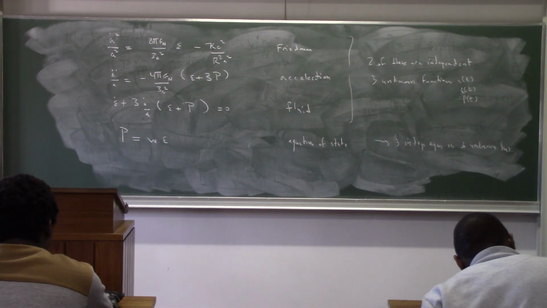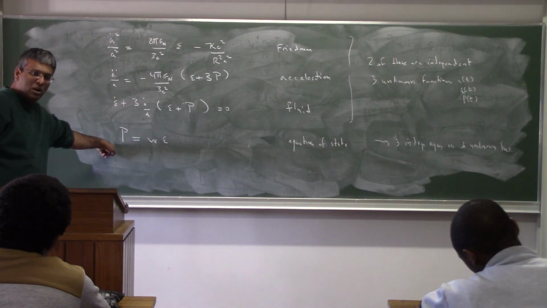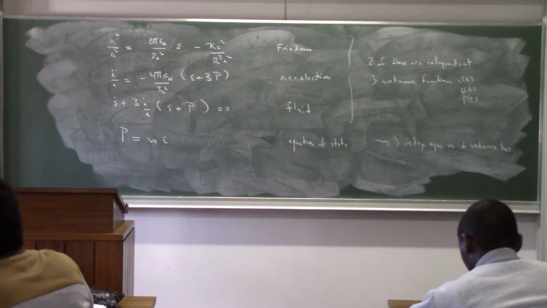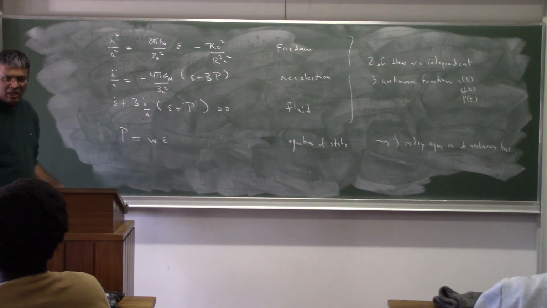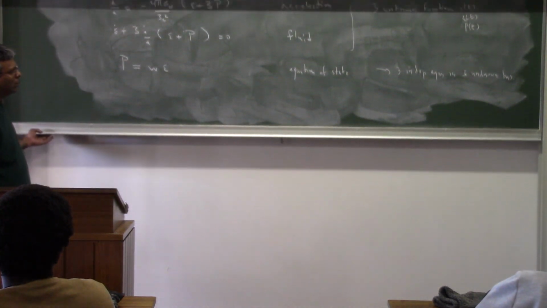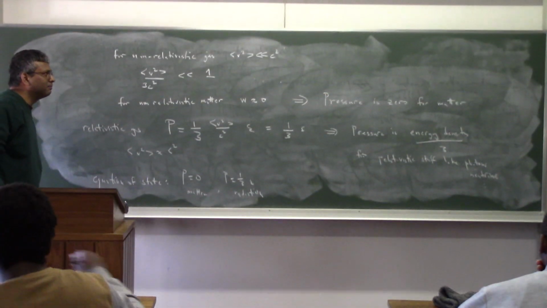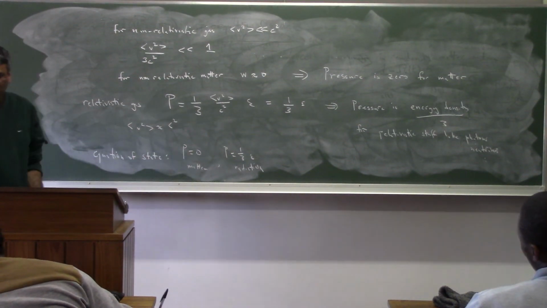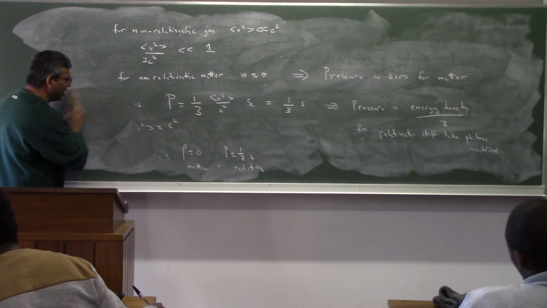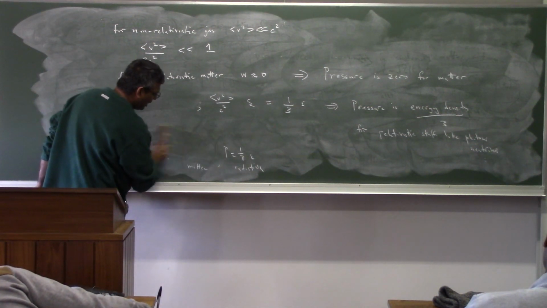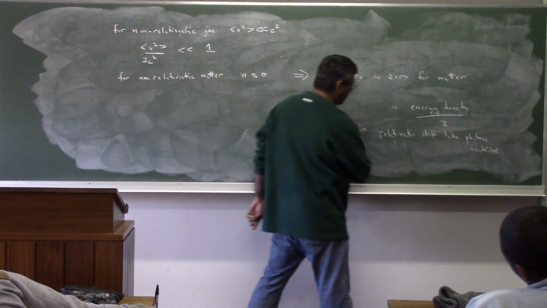Now, I want to make some comments on this third independent equation we obtained, and see what this equation means. It's related to the speed of sound in media. You might ask yourself, for example, you see lightning and then you hear thunder. Why is it that the speed of sound is so different from the speed of light?